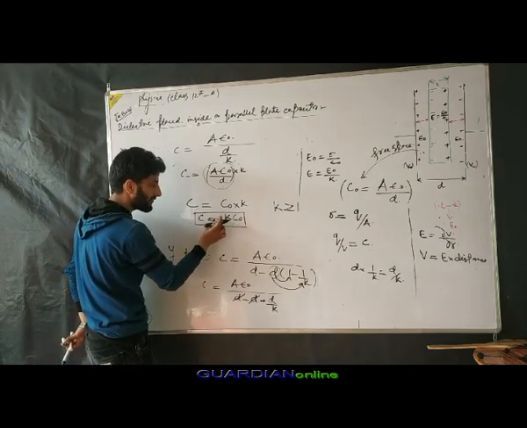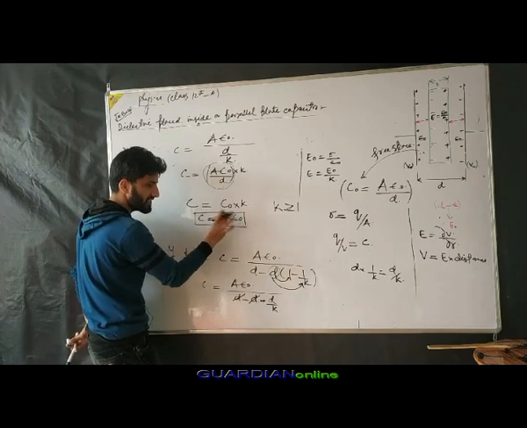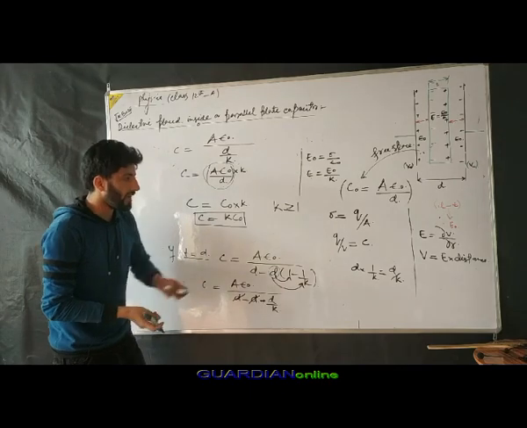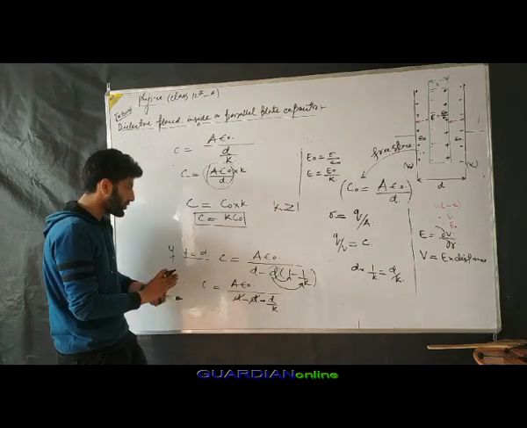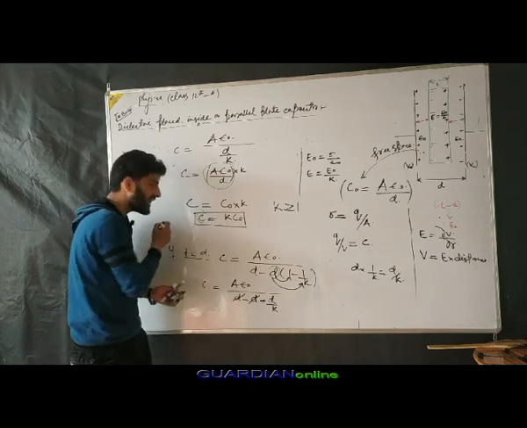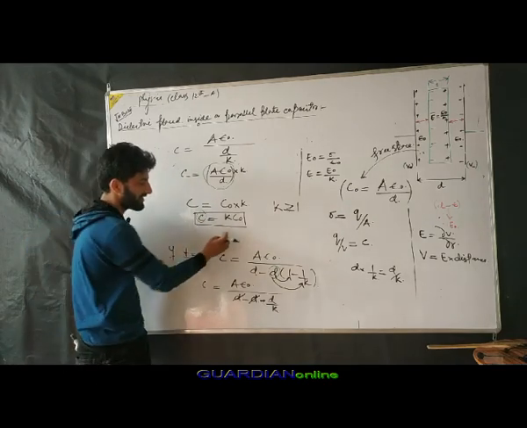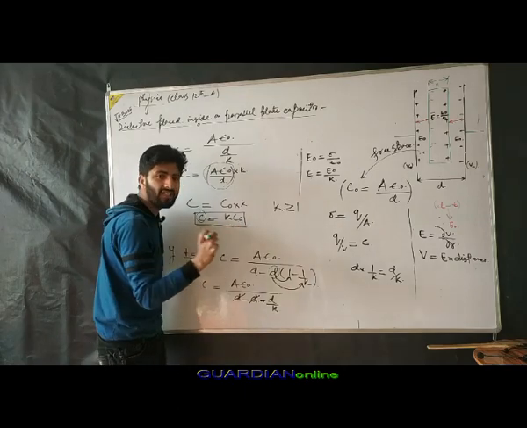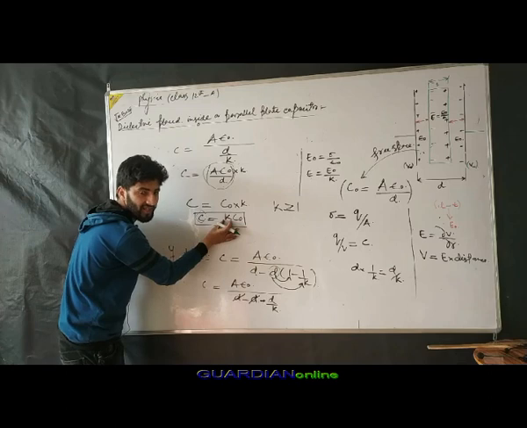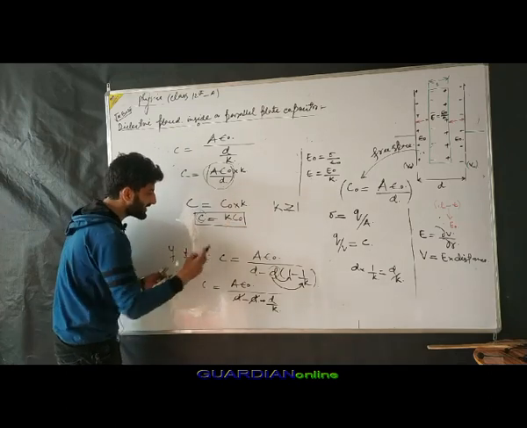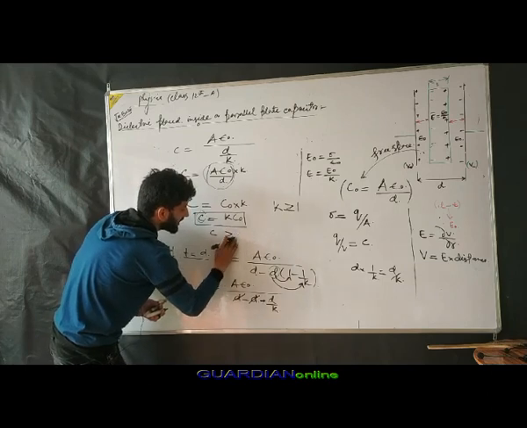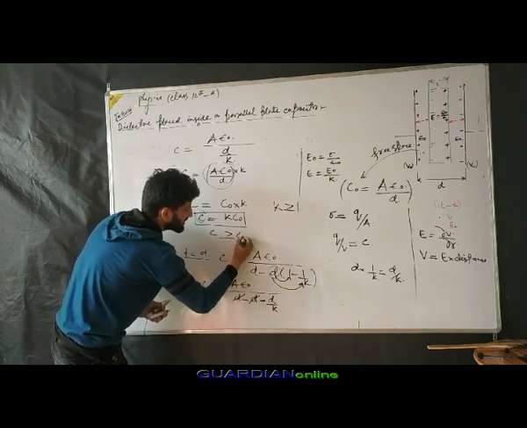At minimum, for free space, C is equal to C naught, which is A epsilon naught by D. Using the K value, C is always greater than or equal to C naught.